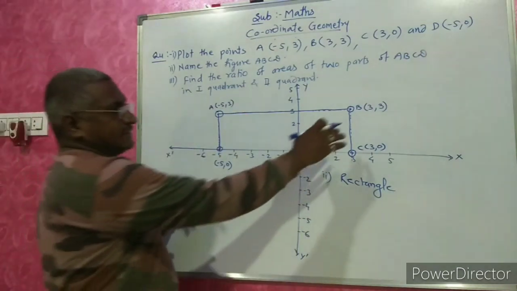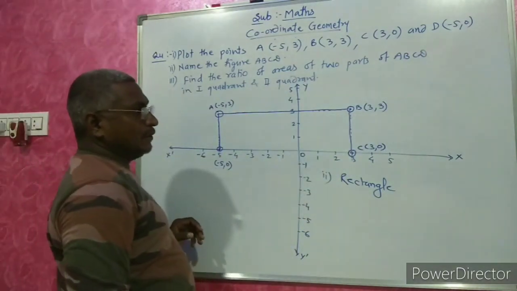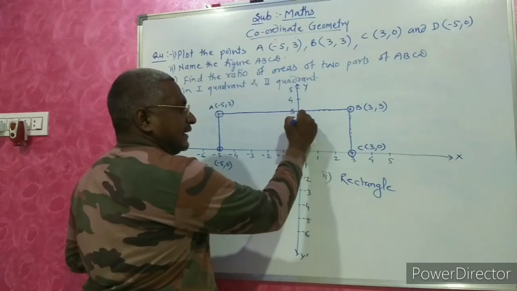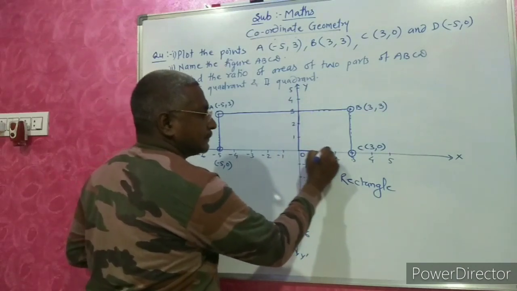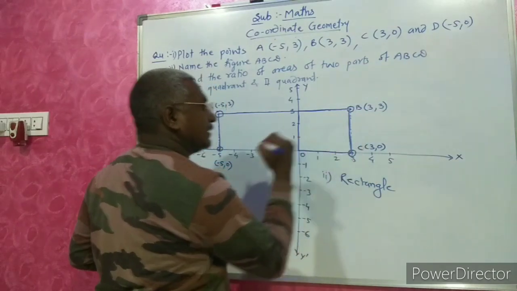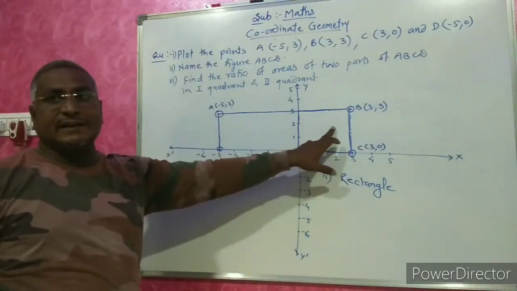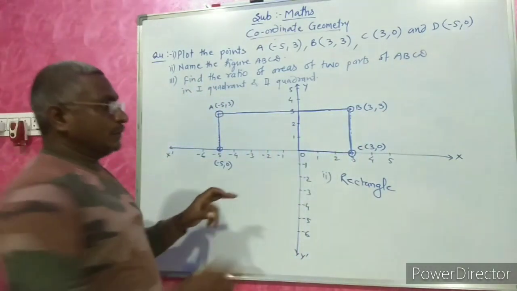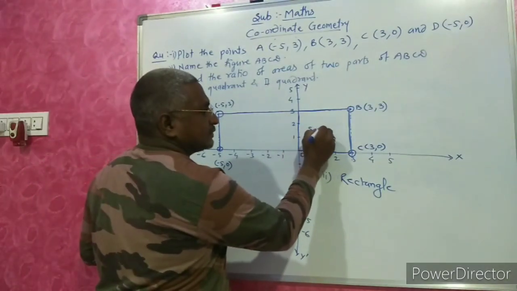Then third, find the ratio of areas of two parts of ABCD in the first quadrant and second quadrant. First quadrant means this. So area of this: in the first quadrant, what type of figure is there? It is a square.